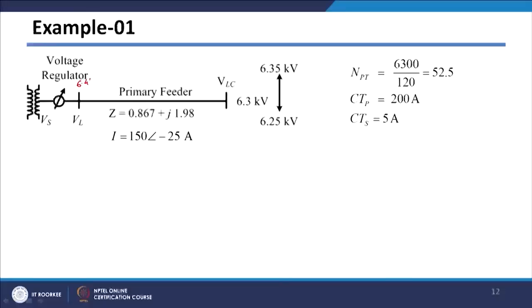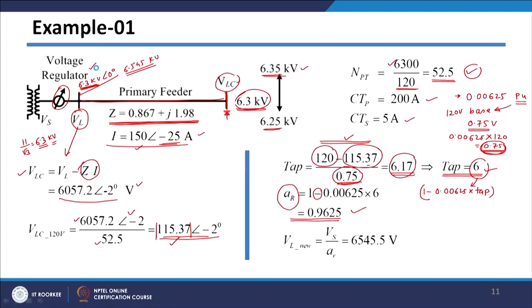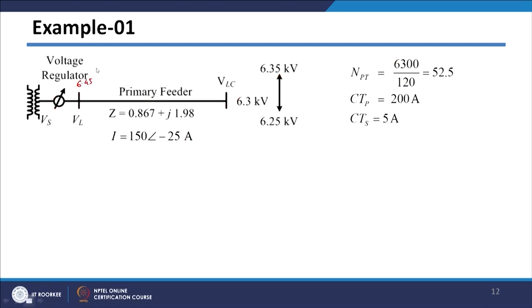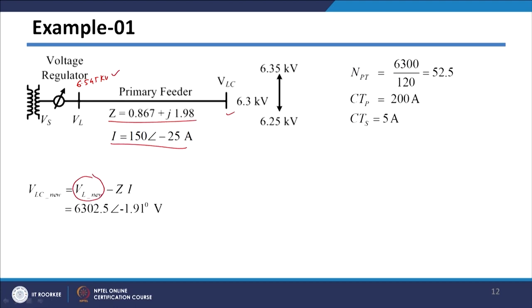So the new voltage which you have got is 6.545 kV here, and then we need to subtract the drop from this voltage. So, the new voltage at this end is the new voltage here minus the drop, which is Z multiplied by the current.